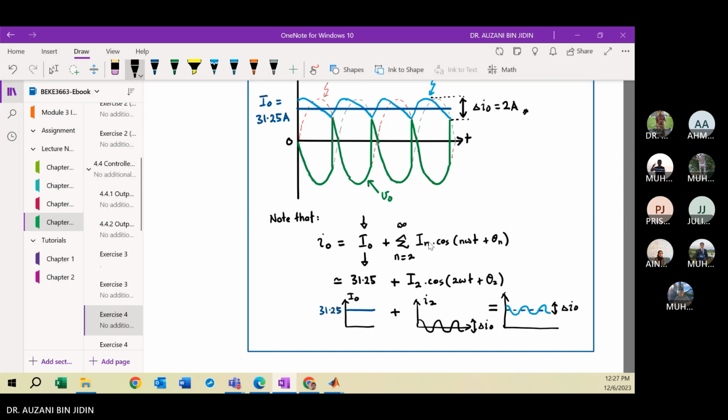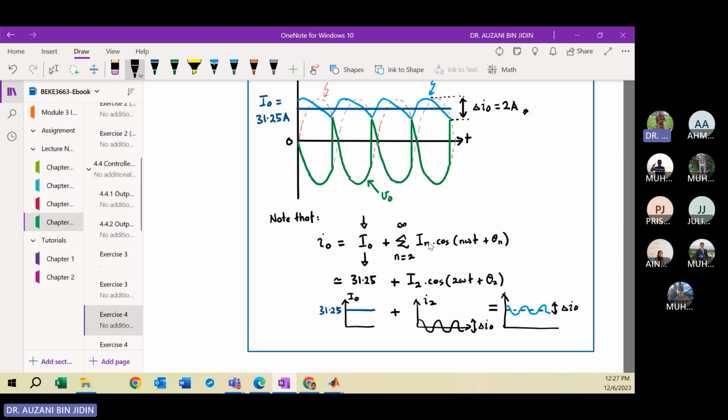And in order to simplify the analysis, we can ignore the higher frequency components, which are N4, N6, and the rest. In other words, the current ripple is only affected by the first term, which is I2.